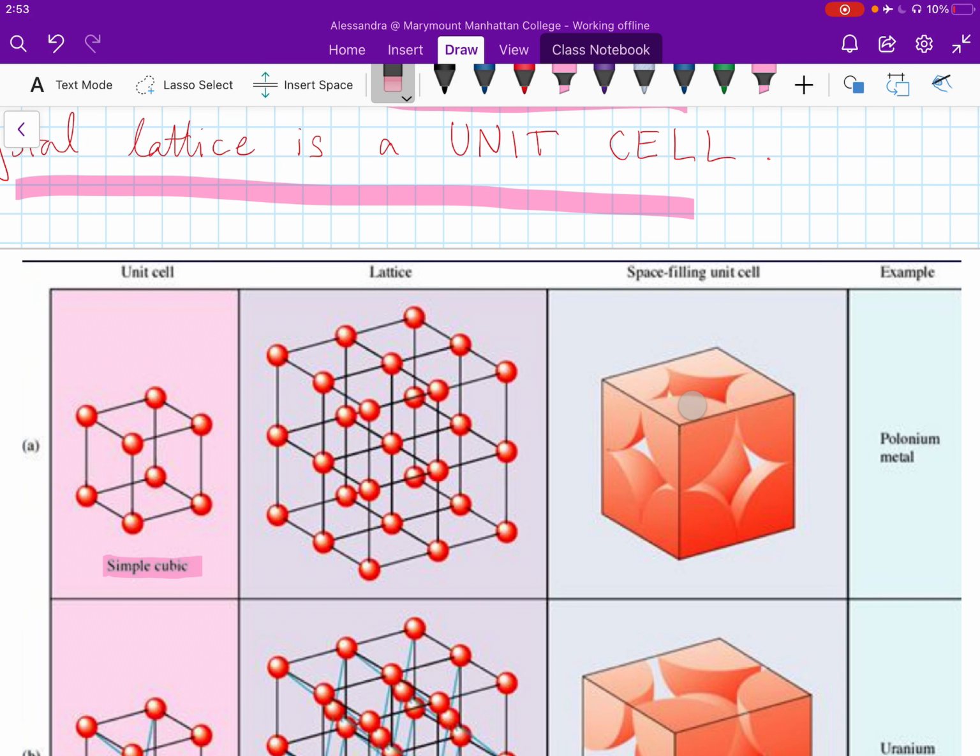As this image shows, a unit cell is going to contain only a fraction of the atoms, for example, on the corners. This atom on the corner of the simple unit cell is going to be shared by 8 other unit cells. So the atom is split into 1/8.